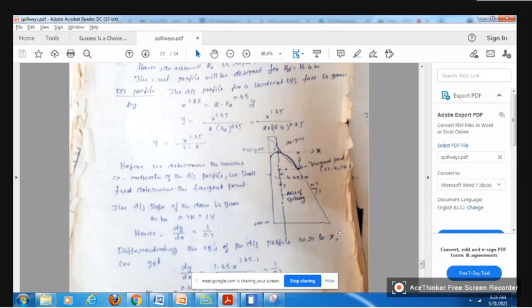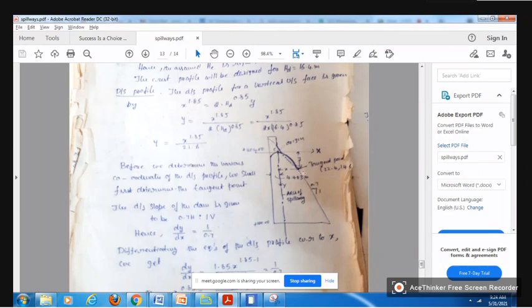Not down to the bottom. The downstream side of the Ogee profile is given as 0.7 horizontal, 1 vertical. Now we have to fix this point. The starting point C we know, and this point we have to fix. This curve should meet the downstream profile tangentially.